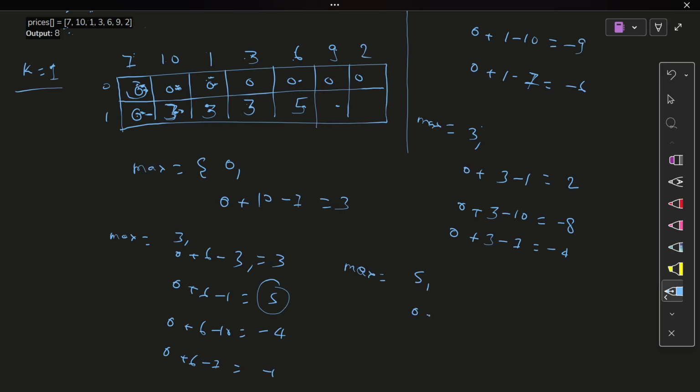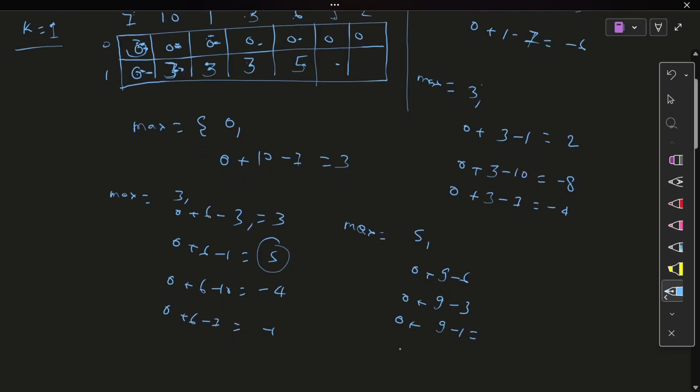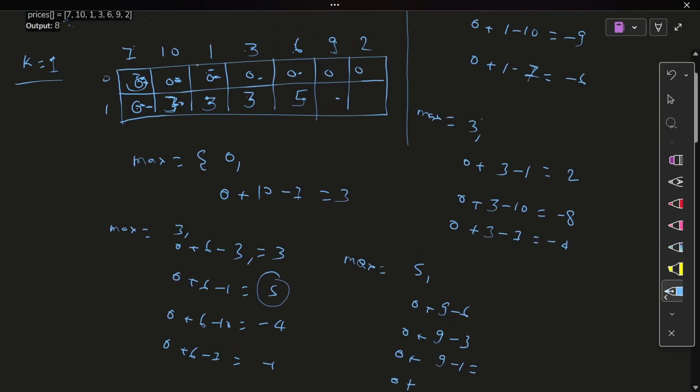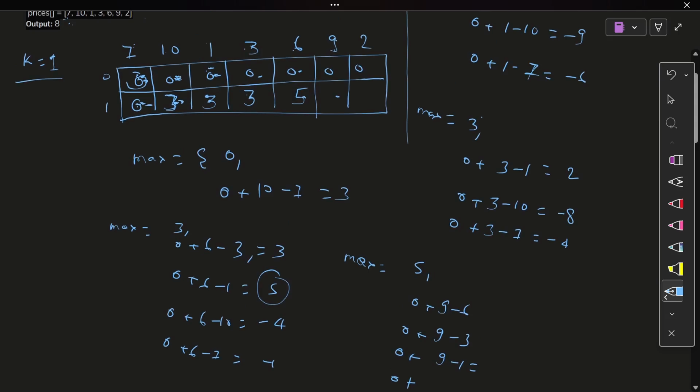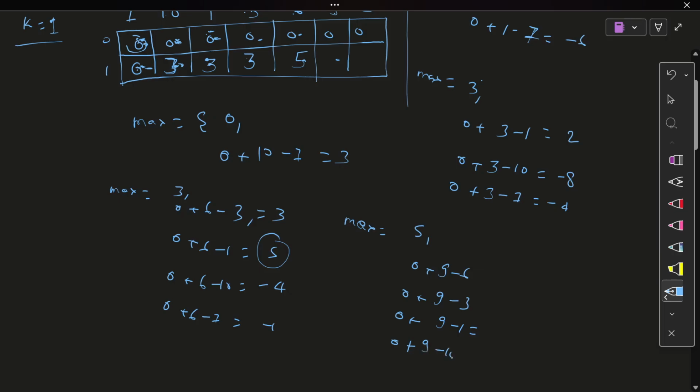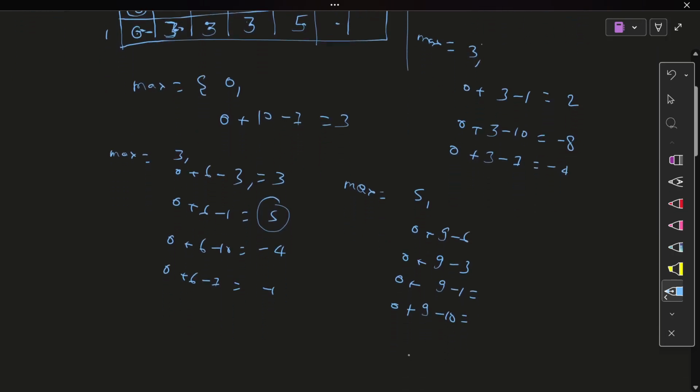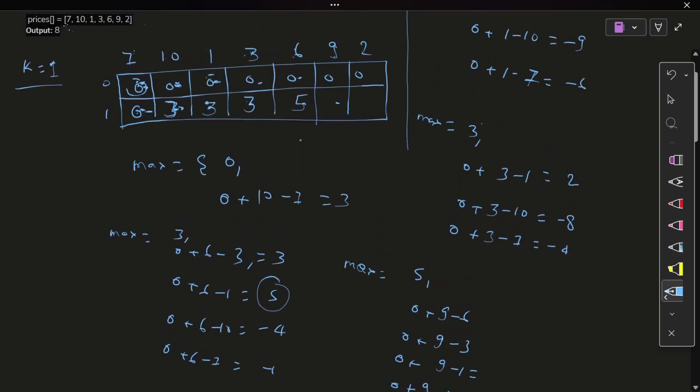Then 0 plus 9 minus 6, 0 plus 9 minus 3, 0 plus 9 minus 5, 9 minus 1, 0 plus 9 minus 10, 0 plus 9 minus 7.